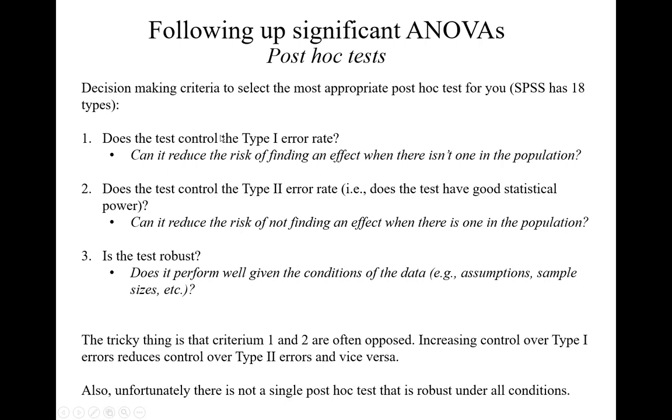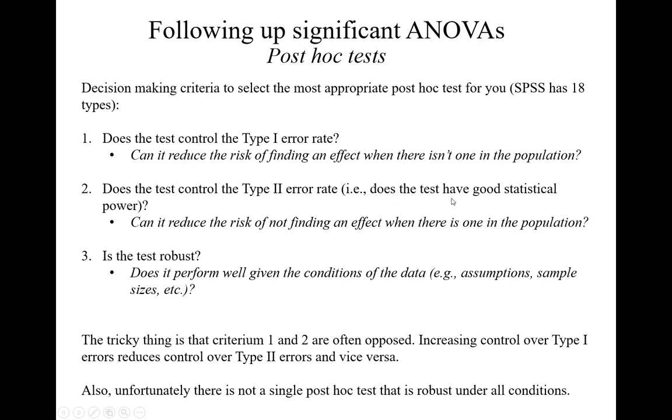So that's the first thing we're doing, making sure that our familywise error isn't having a big effect, and that we're controlling for any chance of finding an effect when there isn't one in the population. The second consideration is, does the test control for type 2 error rate?